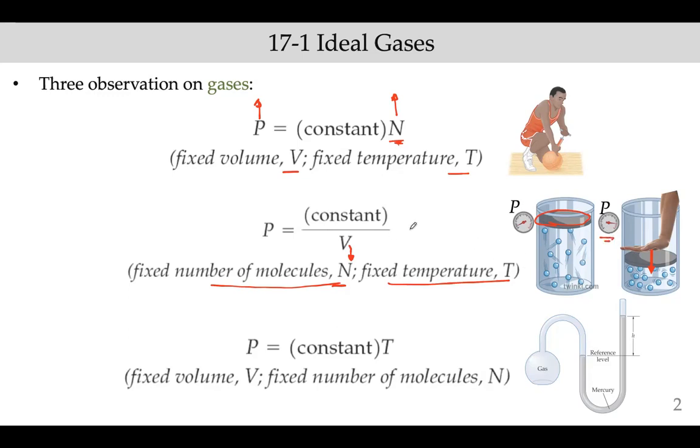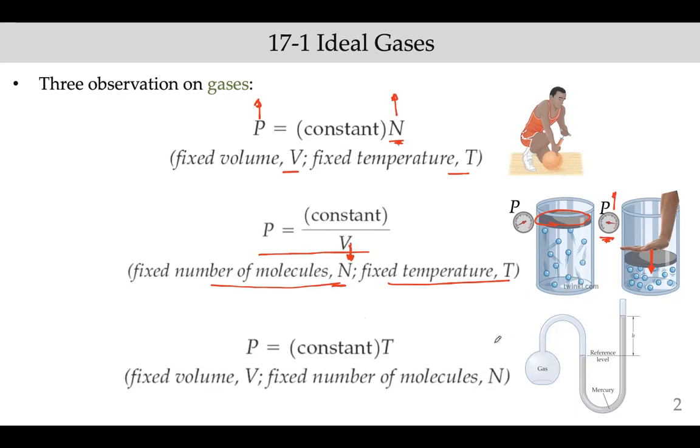If you write the formula for it, the pressure is inversely proportional to the volume. As the volume goes down, the pressure increases. So the pressure and the volume should be inversely proportional.